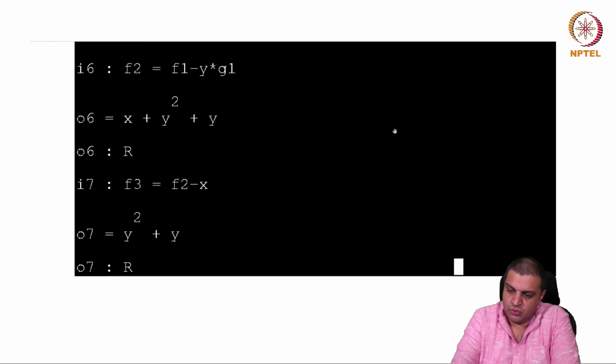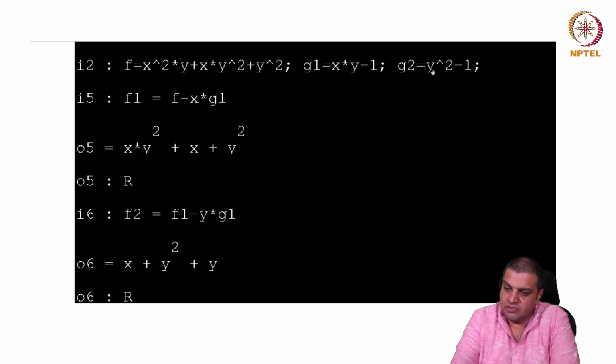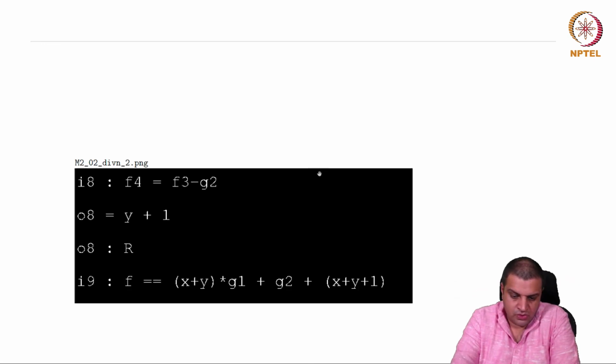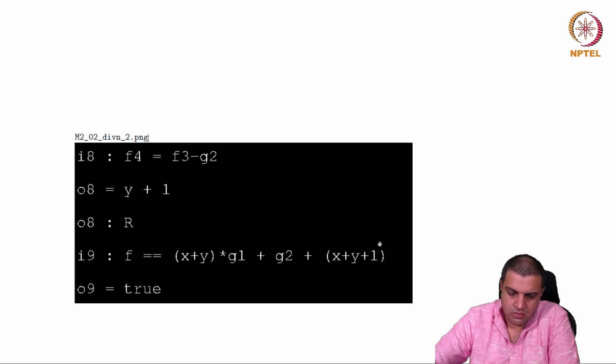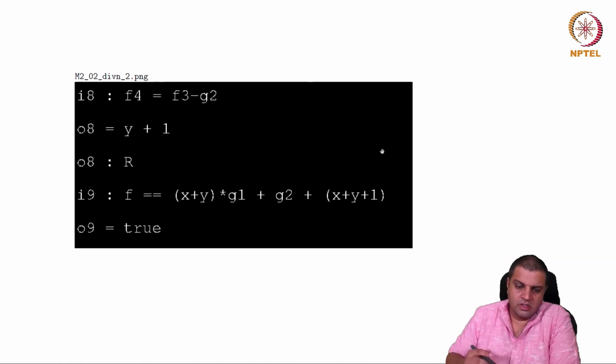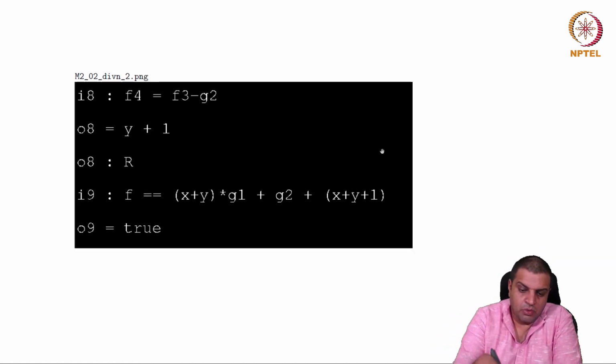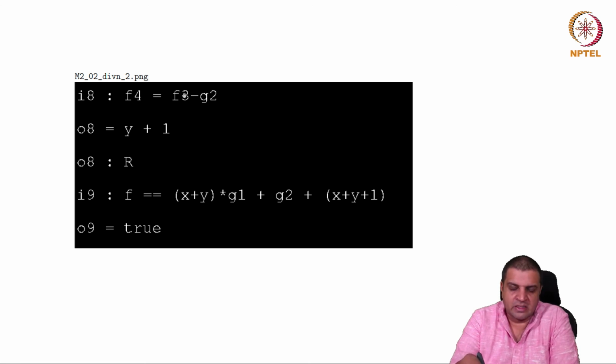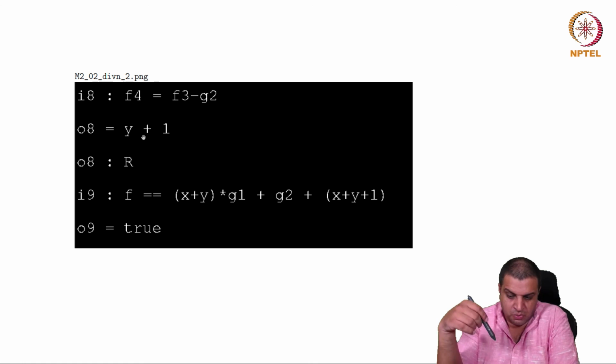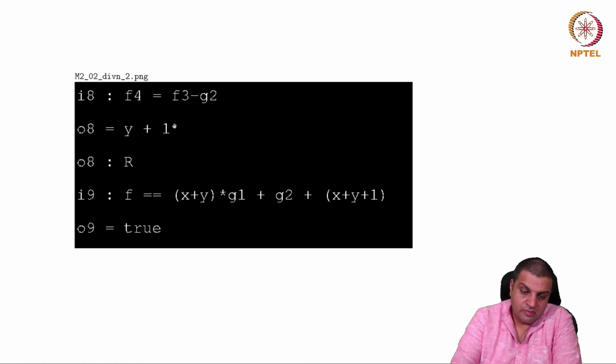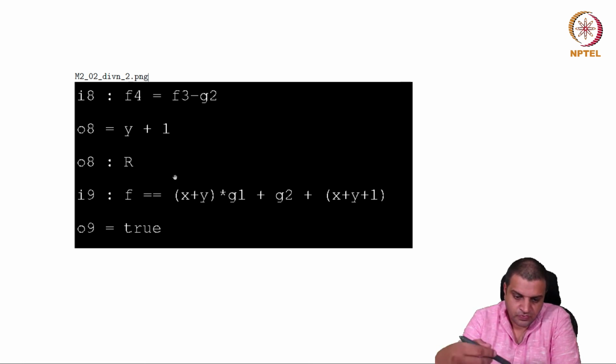We get y squared, whose leading term is divisible by the leading term of g2. f3 and g2 have the same leading term and same coefficients also. So we subtract and we get y plus 1. This is an expression in which no term is divisible by any of the leading terms. If you do two more steps, we would get 0.